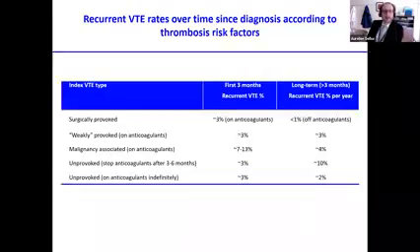So now what about statins for secondary prevention of VTE? This table summarizes the recurrence rates over time since diagnosis according to thrombosis risk factors.